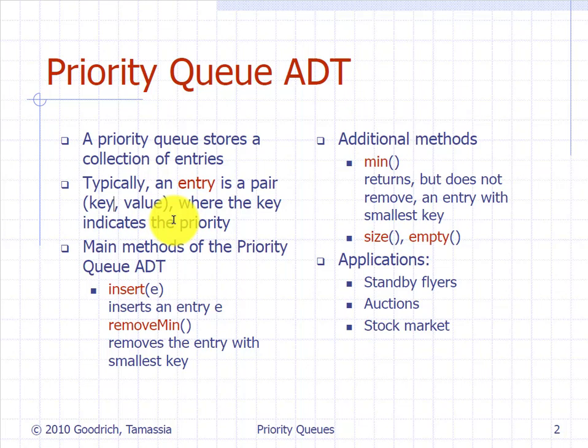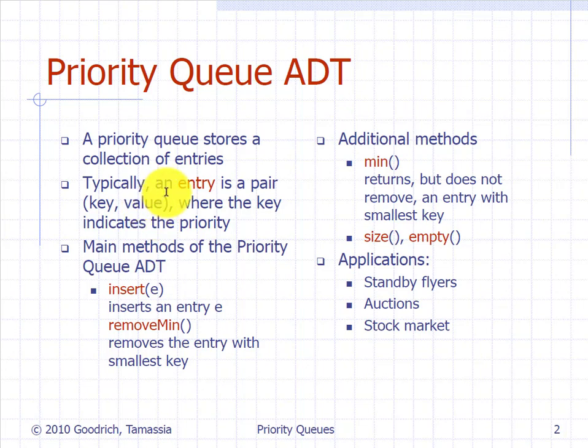We can have an unsorted list to represent the priority queue, or a sorted list. But the way we choose to represent the priority queue determines the complexity of extracting the minimum key and the maximum key. And remember, the key is associated with the value. So if we extract the minimum key, then we are extracting the minimum key with the value itself, or the maximum key with the value itself. So that's what makes it a priority queue.